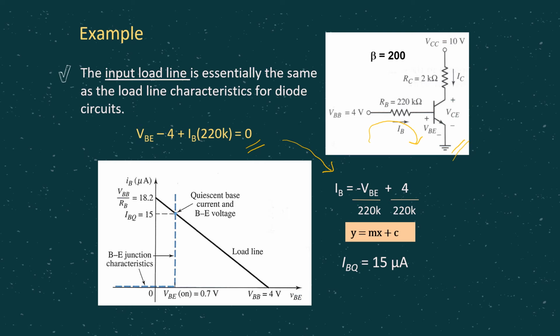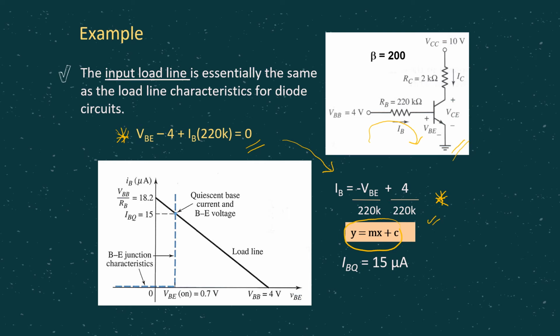So if any question is asking you to provide the load line equation, this is the load line equation. This equation is the KVL equation, not yet the load line equation. The load line equation is the one represented with y equals mx plus c. Be careful with that. In this particular example, this is the load line equation.